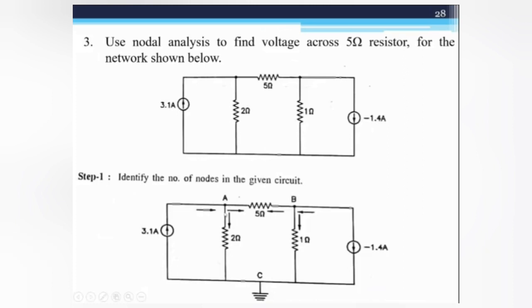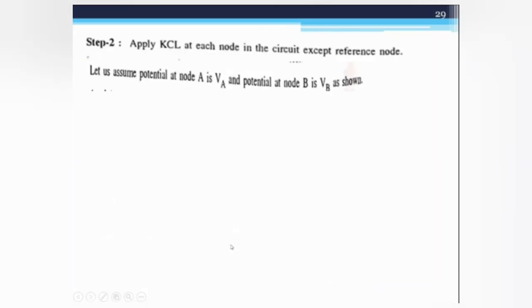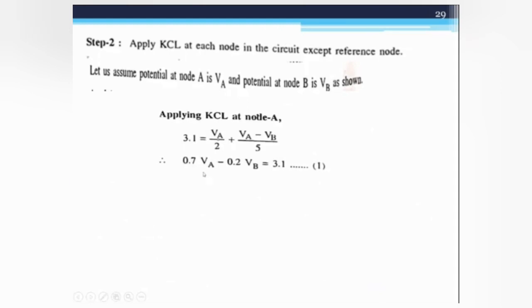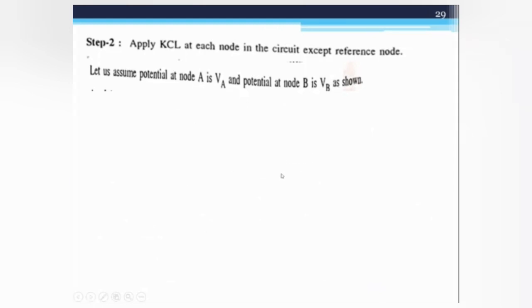Then the equation for node A is 3.1 equals (VA minus VB) by 5, the current through the 5 ohm resistor, plus VA by 2, the current through the 2 ohm resistor. So our equation for node A becomes 0.7 VA minus 0.2 VB equals 3.1.